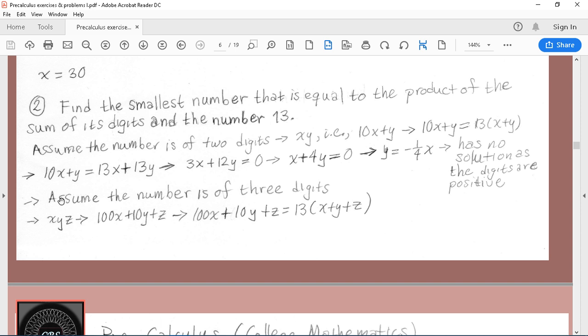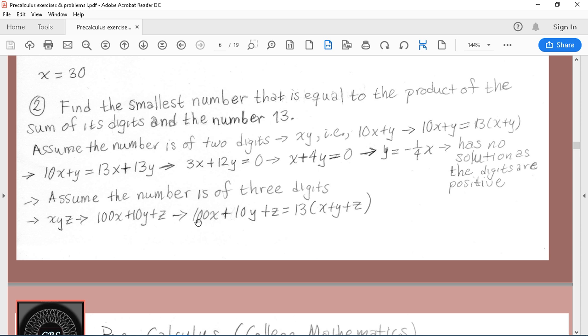Now then, we will assume that our number consists of three digits. So our number will be the number xyz, which z is the digit according to units, y the digit according to tens, and x the digit according to hundreds, which means that our number is 100x plus 10y plus z.